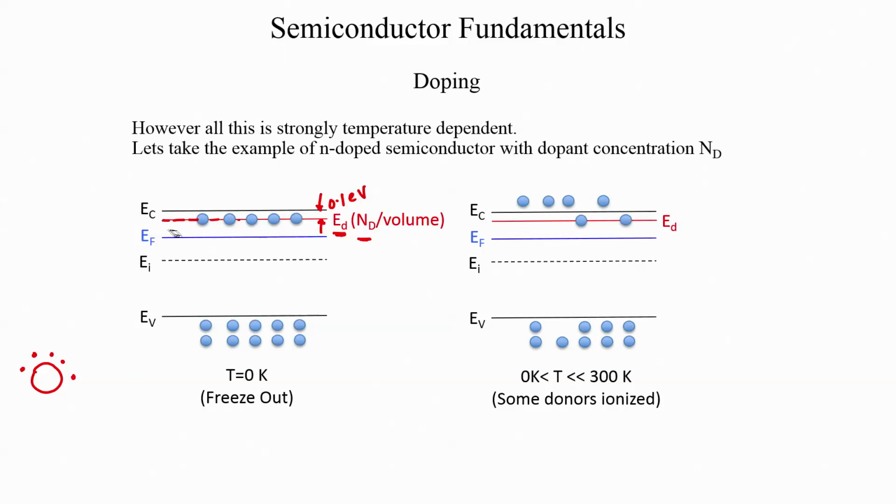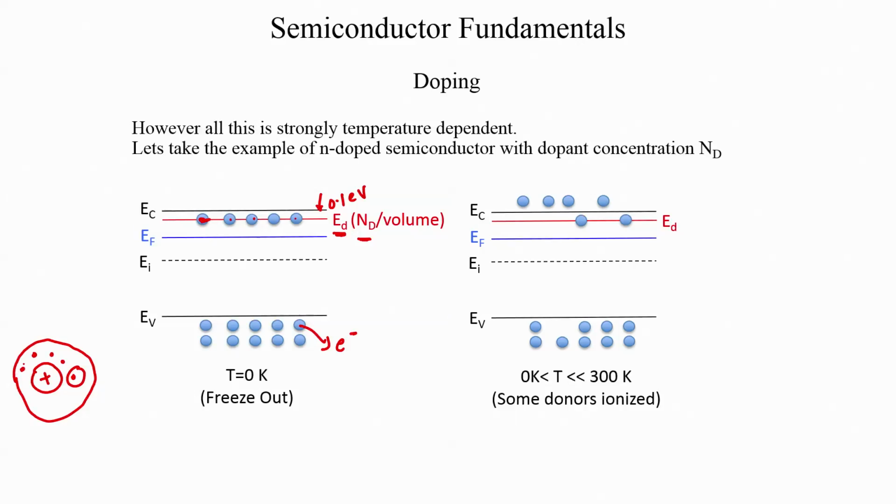What we have shown here is that these blue circles are all electrons. By my placing electrons on these states, it implies that the 5th electron is still attached to the donor dopant, so this is still one entire species.